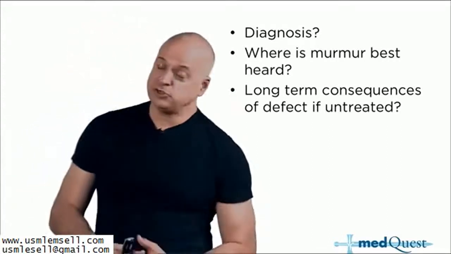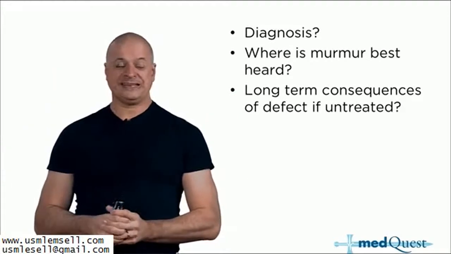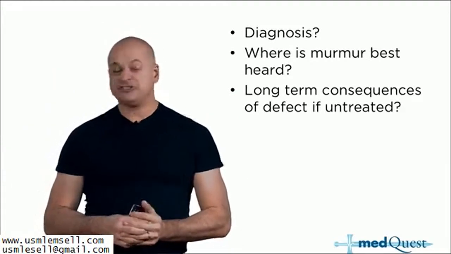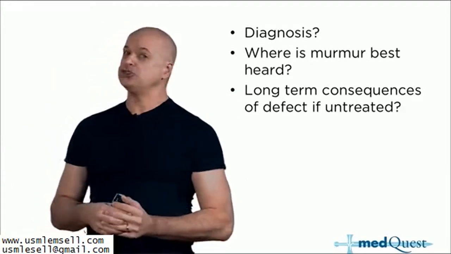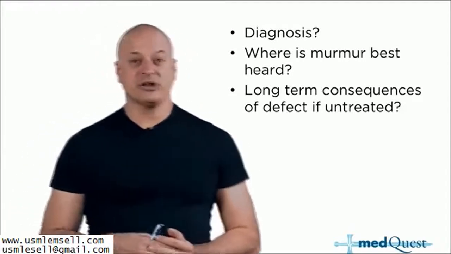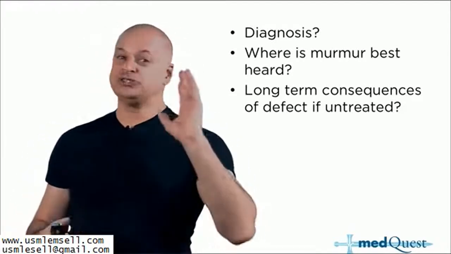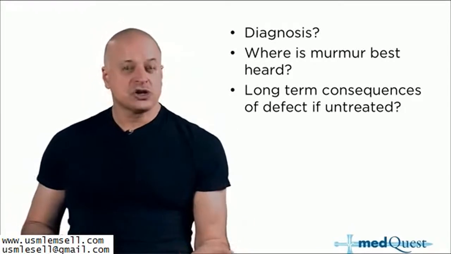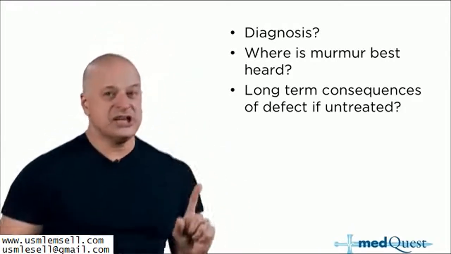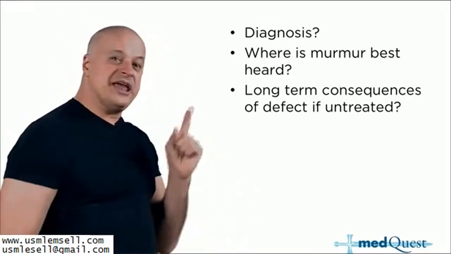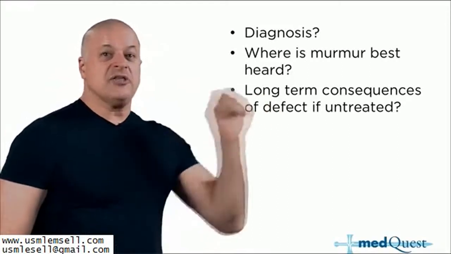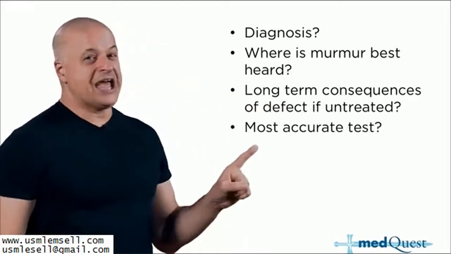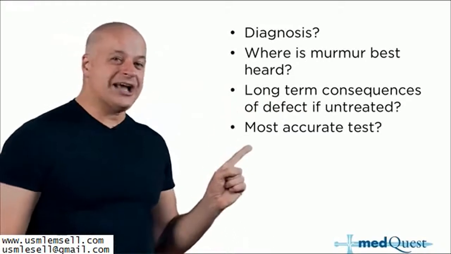Now, you will most likely never meet a human being with a patent ductus arteriosus because they are repaired or closed, either using non-steroidals to inhibit prostaglandins and close them in infancy, or surgical closure. But this murmur, the most accurate test for all murmurs: echo.